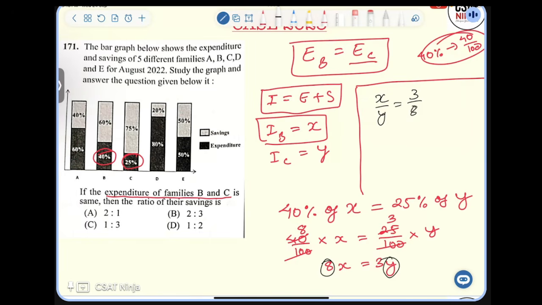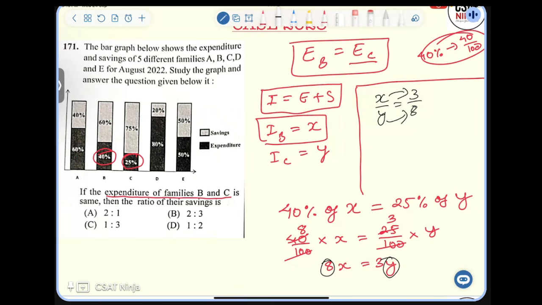So the income of A, I can assume it as 3, and B, I can assume it as 3, and the income of C, I can assume it as 8 here.